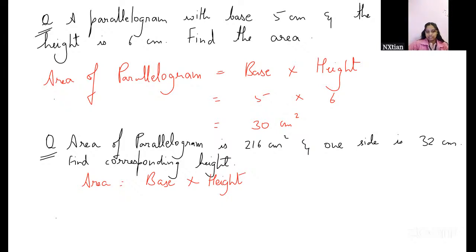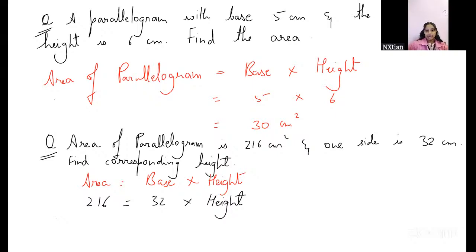Put the values: 216 equals 32 into height. So now 32 here is in multiplication with height.